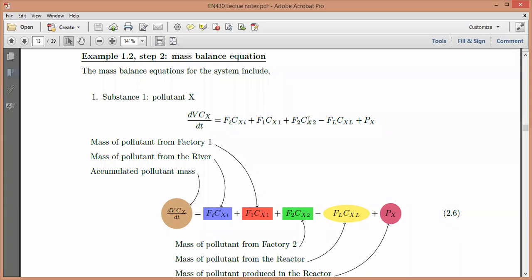Before any concentrations of pollutant X begin to enter the lake, it means that the lake is free of pollutant X. In short, there is 0 concentration of pollutant X.